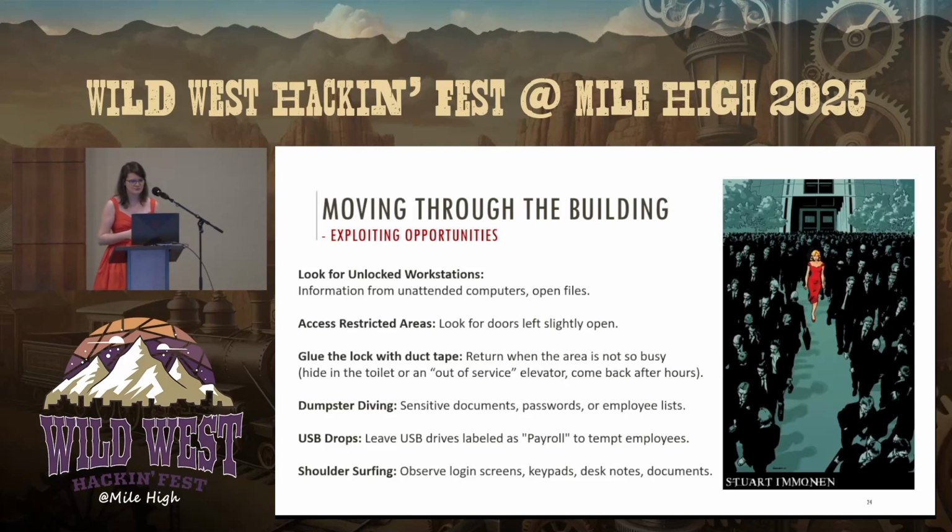Also, when you're exploiting opportunities, you may try dumpster diving, looking for documents, passwords, employee lists. You can try USB drops. And a good idea when you do your research is to find out who is the most beautiful woman in the building that everyone is in love with, and then maybe you can use her, or maybe that's a him, depends who picks up the USB drive.